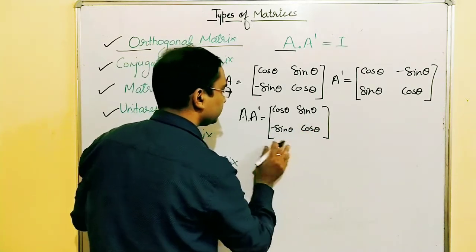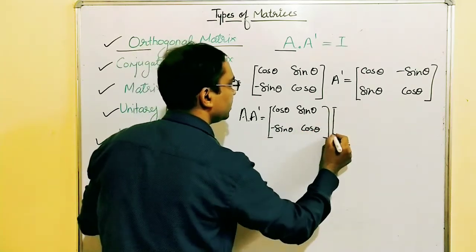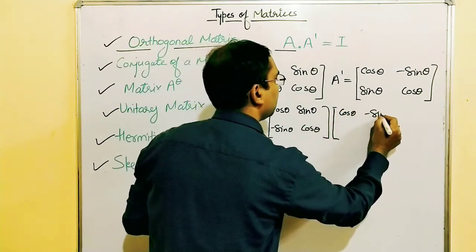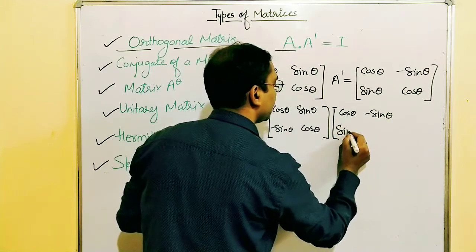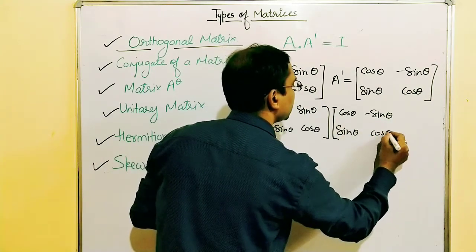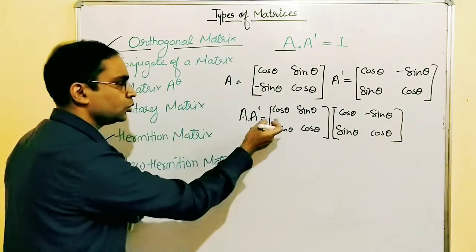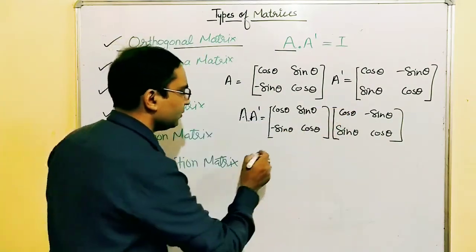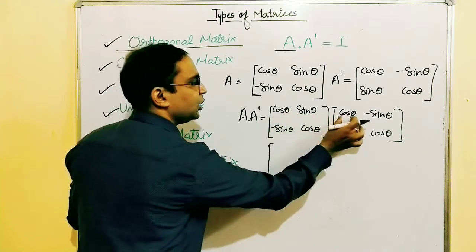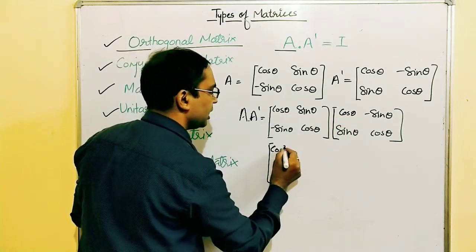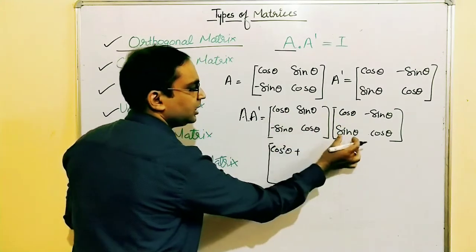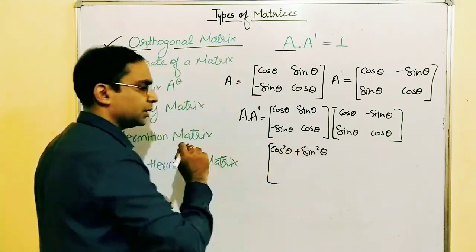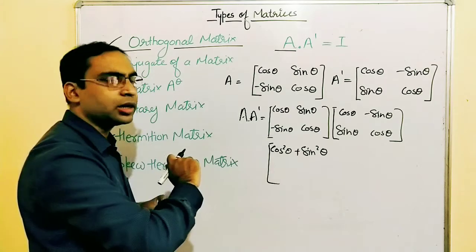This is A, and on the right hand side we have the transpose of A, that is cos theta, minus sin theta, sin theta, cos theta. Let's take the product. We multiply the first row with the first column, and we have cos theta into cos theta, this is cos square theta, plus sin theta into sin theta, this is sin square theta. So this is the first element of the product.